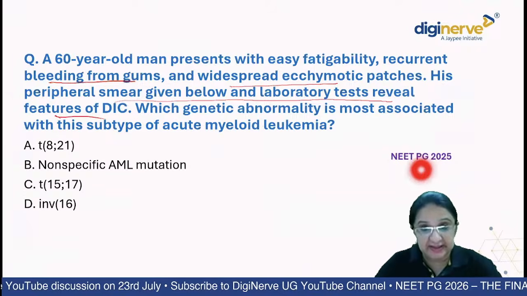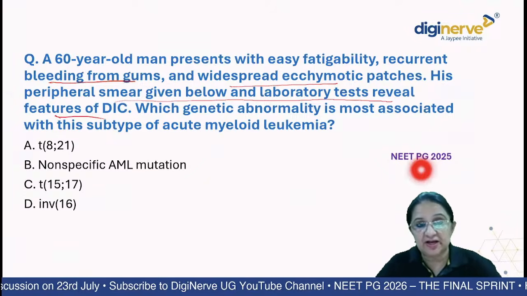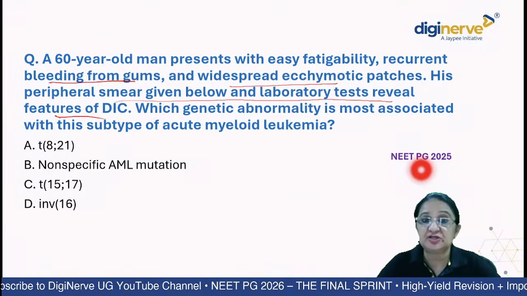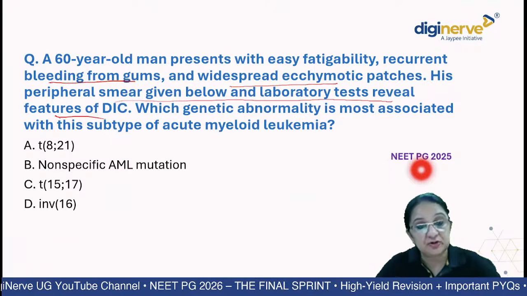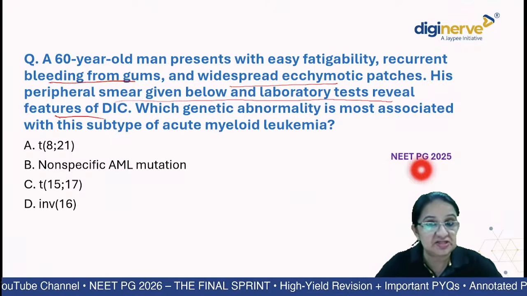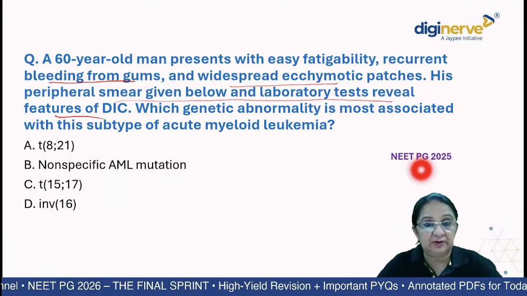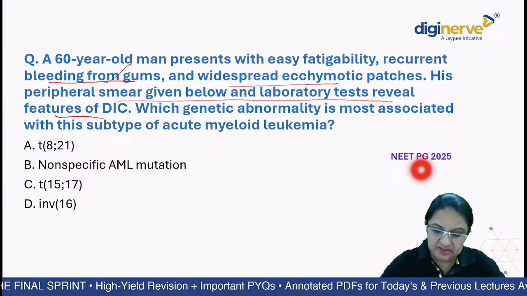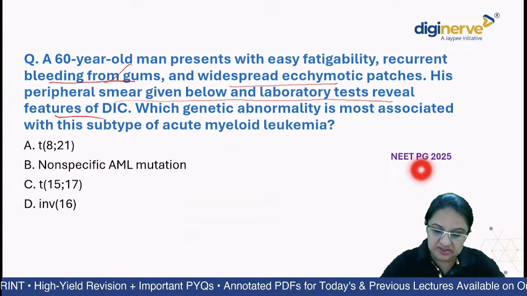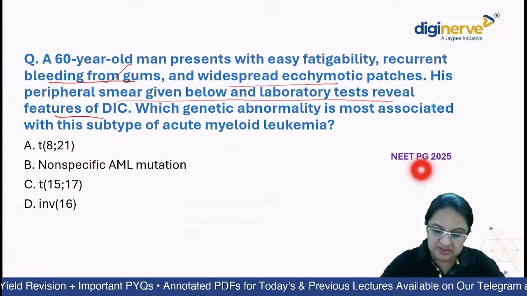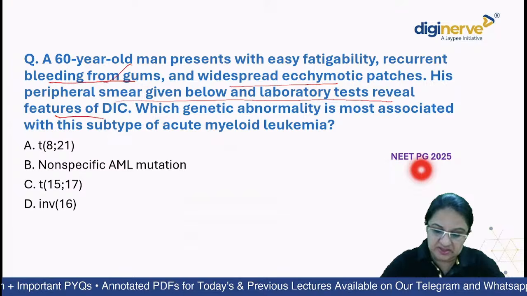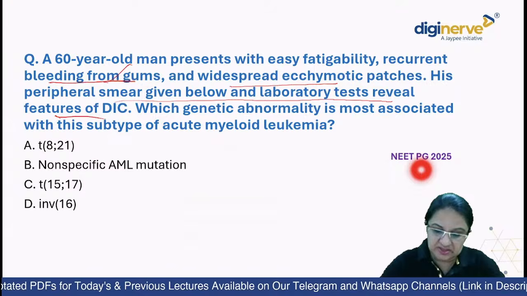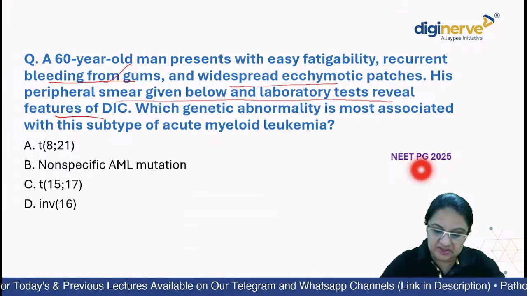So with genetic abnormality, see, they've not asked you a direct question, what is the acute myeloid leukemia type? They've asked you the genetic abnormality. So you have to identify which is the type of acute myeloid leukemia here. Bleeding from gums, DIC, ecchymotic patches, it is APML. AML, M3. So what is the genetic defect here? It is translocation 15;17, right? Simple.